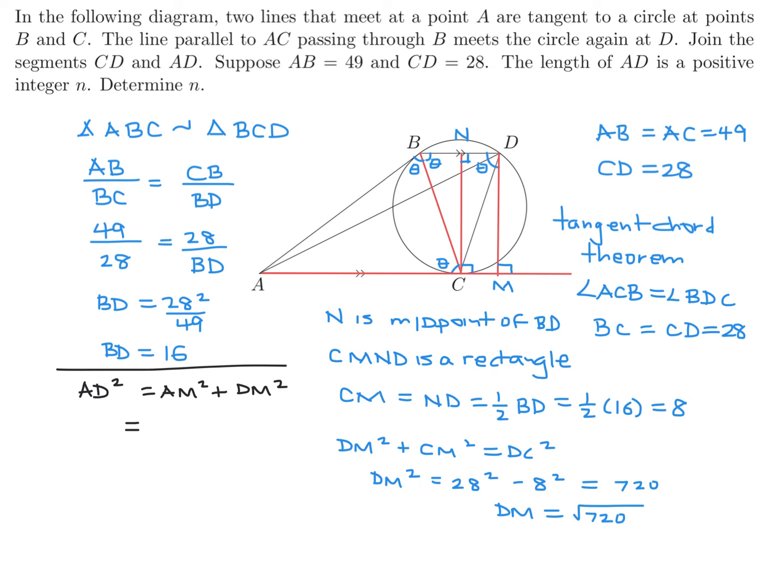AC was 49, and then CM is 8, all squared, plus DM squared, so that's just going to be 720. All right, great. So this looks like 57 squared plus 720, and that is 3969, and therefore when you take the square root, AD is 63. And there you go. We have calculated the value of AD, which they have labeled as N, and that is 63.